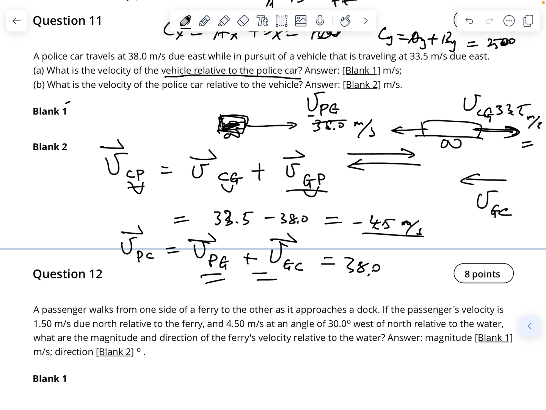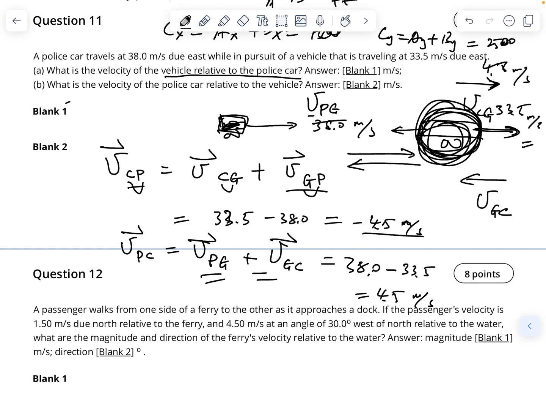You see, this is negative. So from this vehicle's point of view, the police officer's car goes this way at 3.5 meters per second. From the police officer's point of view, this car goes this way, 3.5 meters per second. So this is relative velocity.